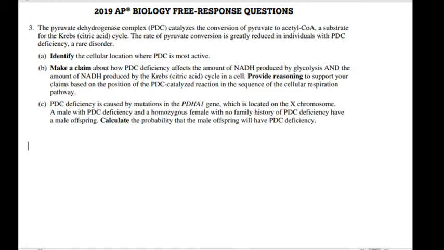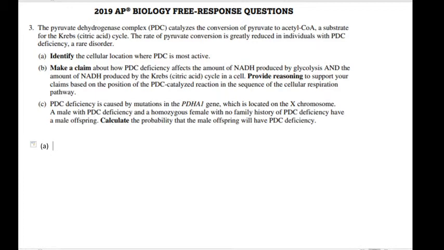In this one, we're looking at PDC, which catalyzes the conversion of pyruvate to acetyl-CoA, substrate for the Krebs cycle. The rate of pyruvate conversion is greatly reduced in individuals with PDC deficiency, a rare disorder. So for this one, we would need to identify where PDC is most active.